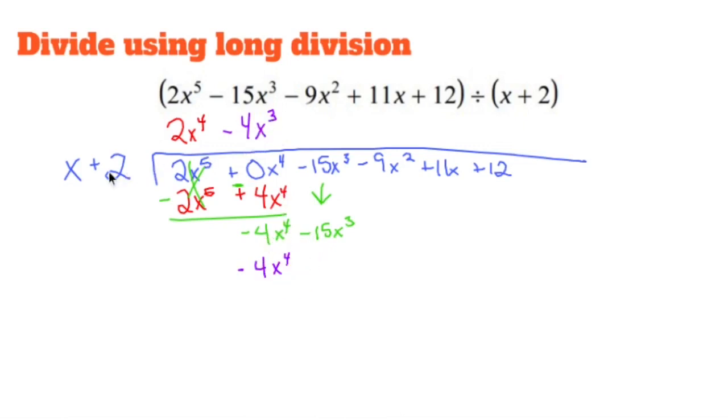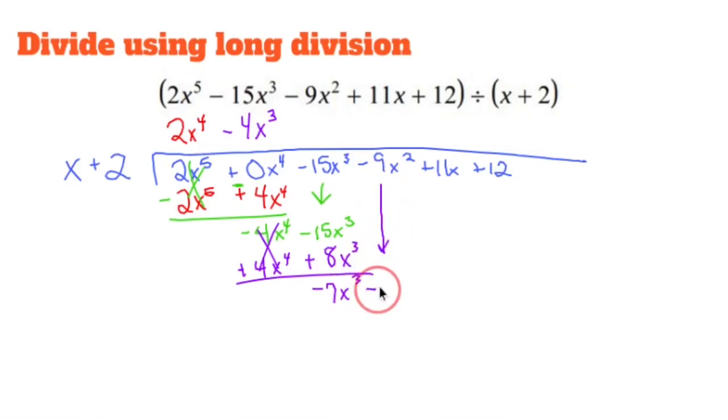Negative 4x cubed times positive 2 is negative 8x to the third. Subtract this entire factor, which means flip the signs for both. This will always cross out. Negative 15x to the third plus 8x to the third is negative 7x to the third.